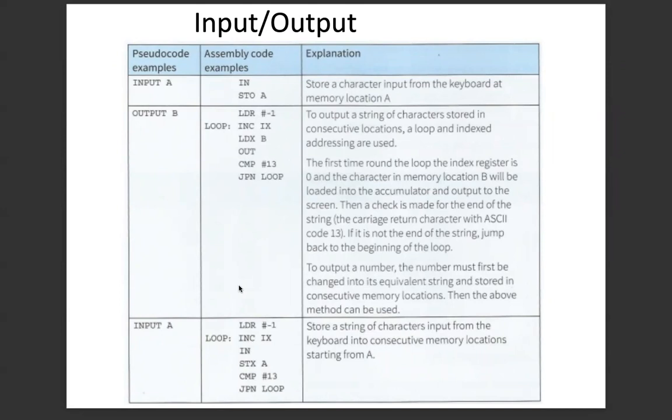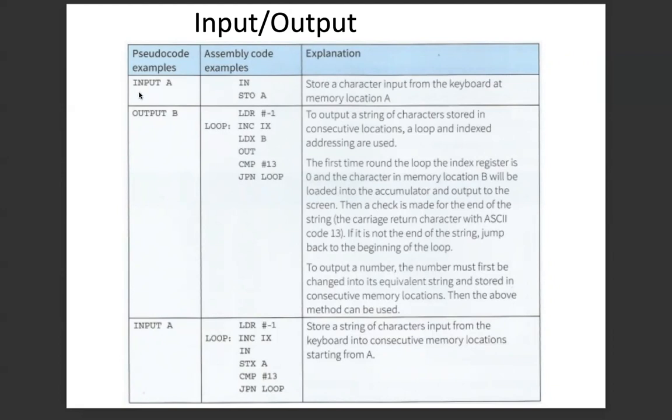So if I run the IN command as we're doing over here, the user is expected to press a button, and the ASCII value for that key will be placed into the ACC. So if I want to use a numeric value, the actual number, and the user enters a number from the keyboard, the ASCII value for that number will arrive in the ACC. So if I want to use the actual numeric value, I'll have to make some adjustments for that. We'll look at an example.